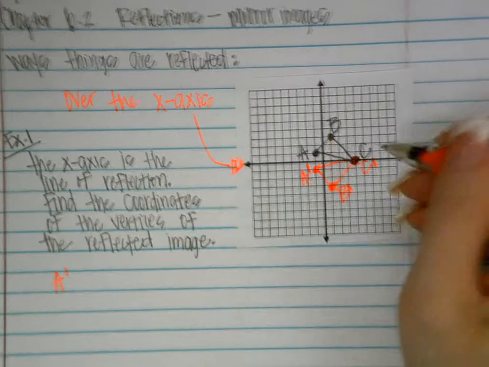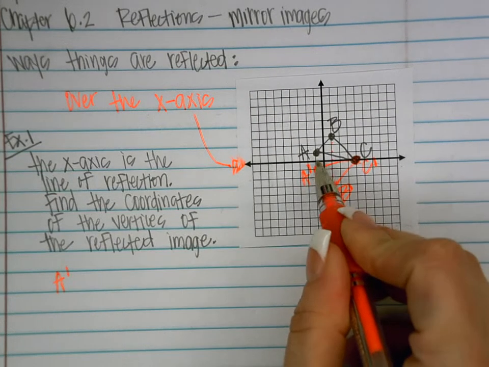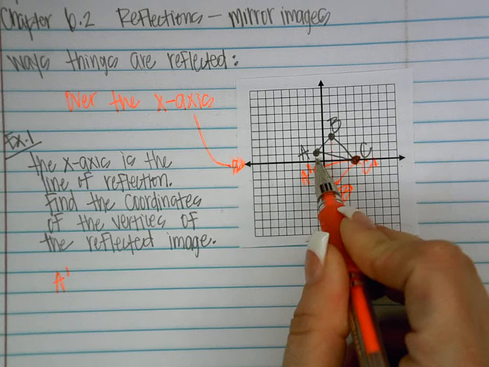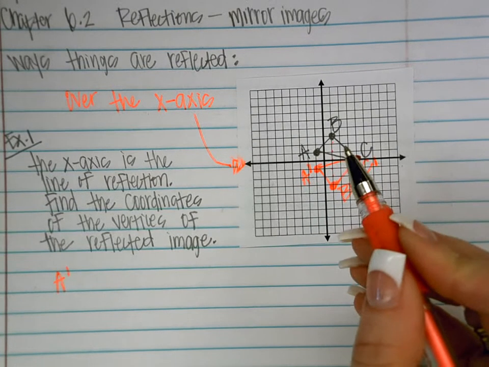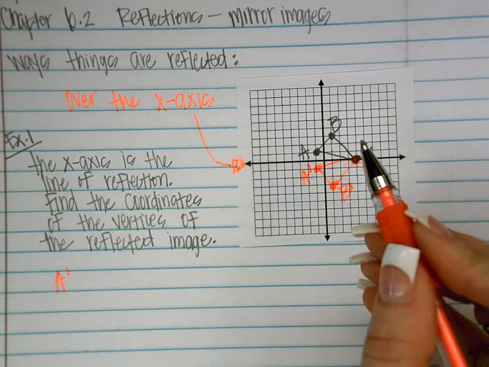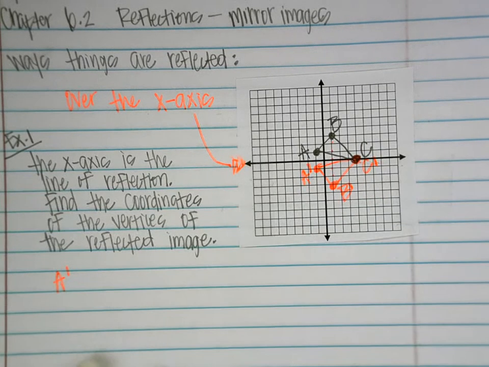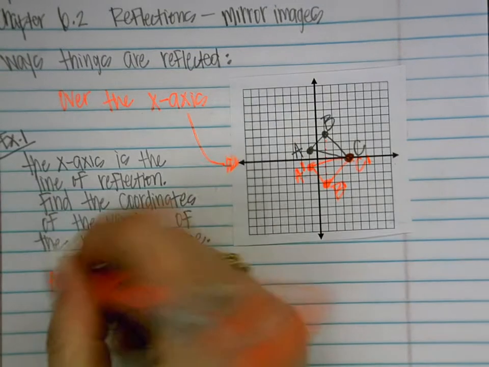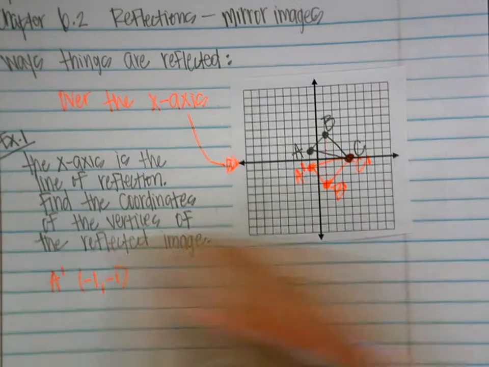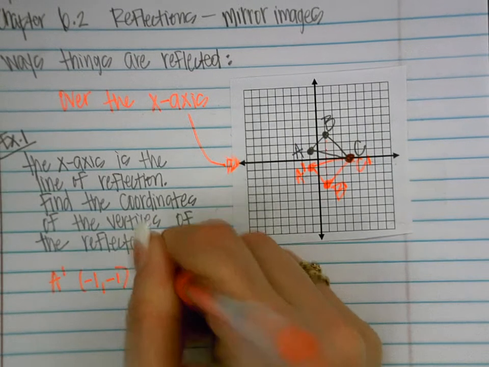If it's easiest for you to just figure out, okay, this is 1 away from the x-axis, it's going to be 1 away the opposite way, that's totally fine. It might be easier for some people. So the A prime is at -1, -1. What's your B coordinate? And make sure you put the little prime.